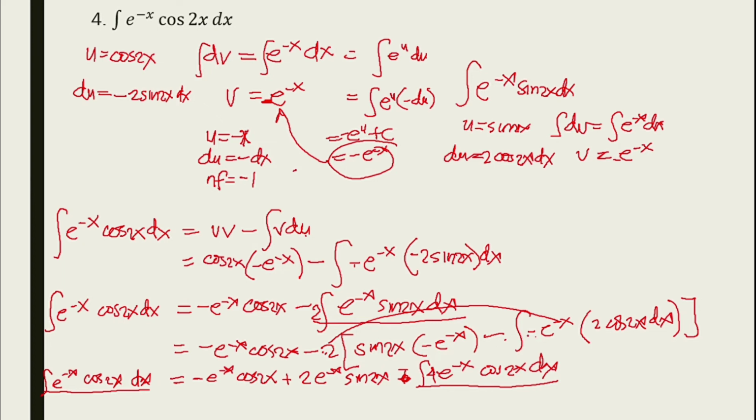Since it's negative 2 and negative 2 times 2, that's 4.